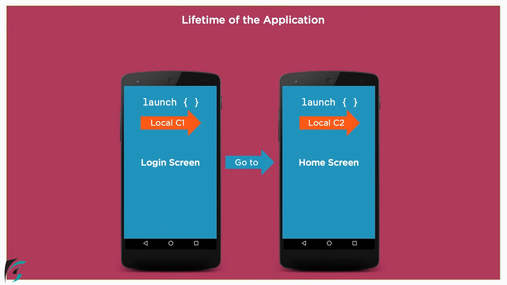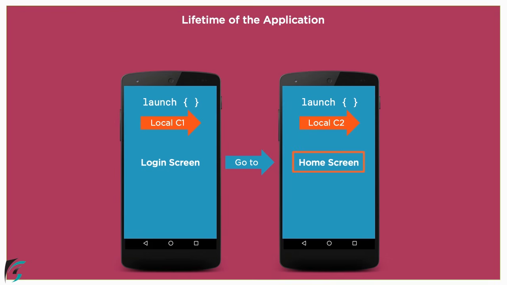Now, so far, so good. But when you try to close this screen and navigate back to the previous screen, then what happens is that this home screen gets destroyed. And along with this screen, the coroutine C2 is also destroyed. Now the question arises, why was the coroutine C2 destroyed? Well, the launch function creates a coroutine in the local scope.